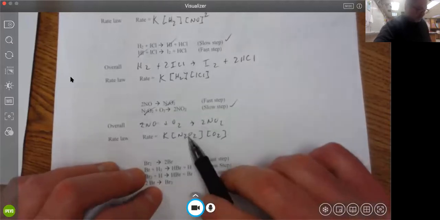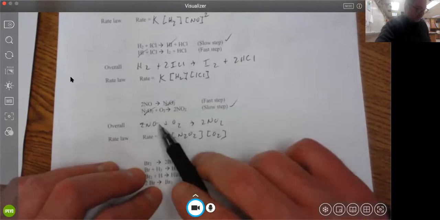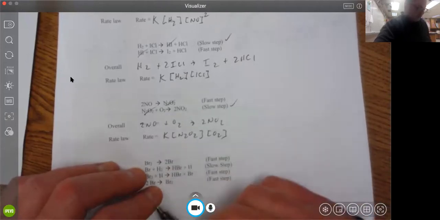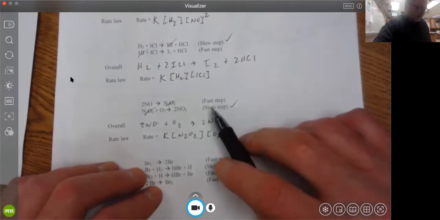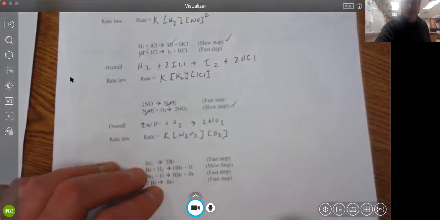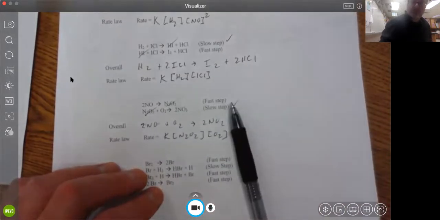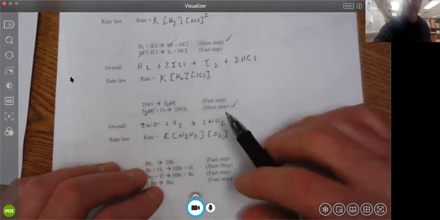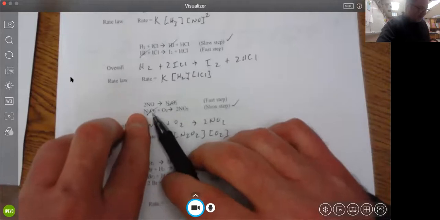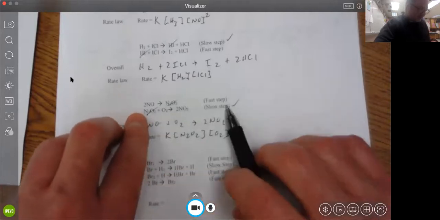Since this is an intermediate, this cannot be a rate law for this reaction. Anybody have an idea of how we can figure out how this part of the slow step will be determined? No, okay, it's okay. If we take a look, we know that N2O2 is part of the slow step.